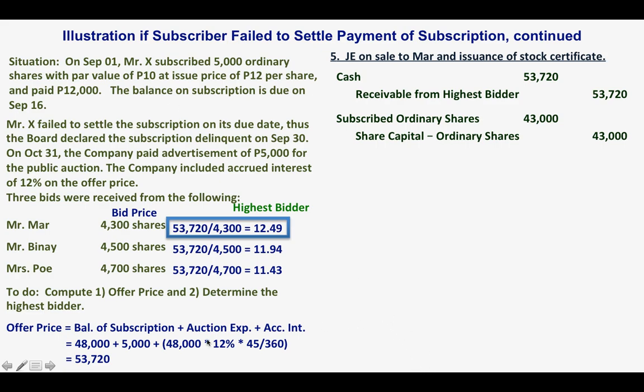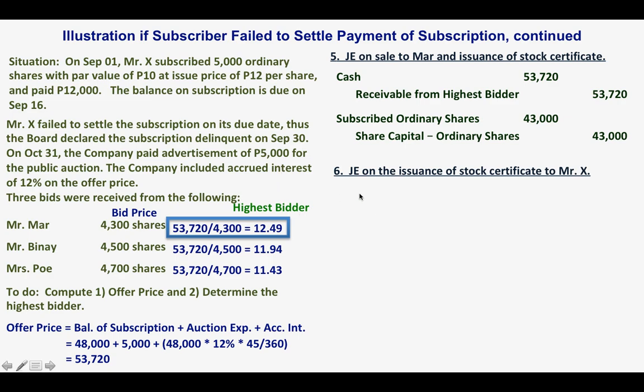Okay. Take note, class, that this 43,000 is only for 4,300 shares. What was subscribed is 5,000. Okay? So there is a remaining of 700 shares.